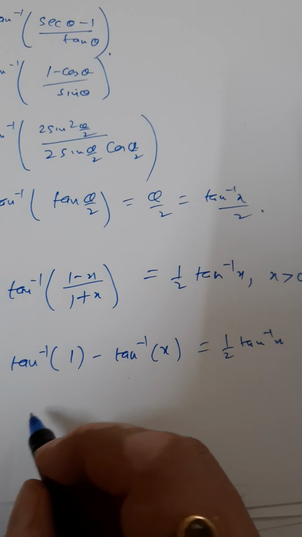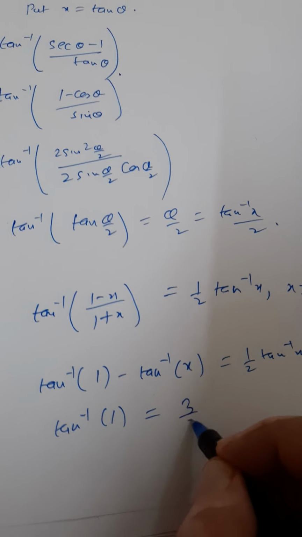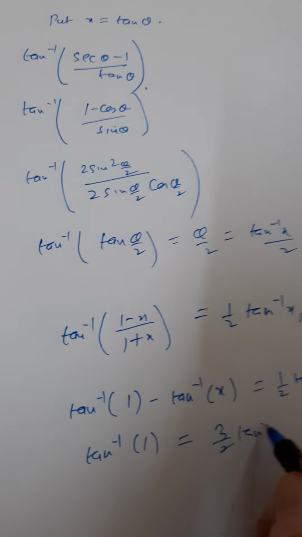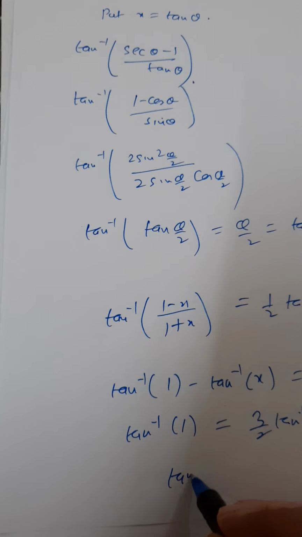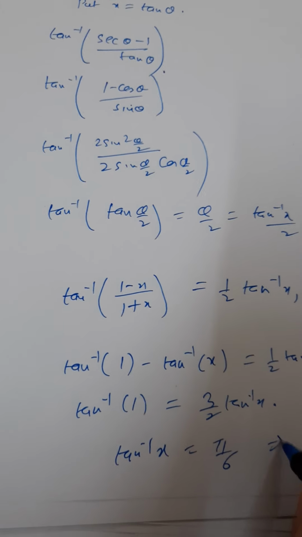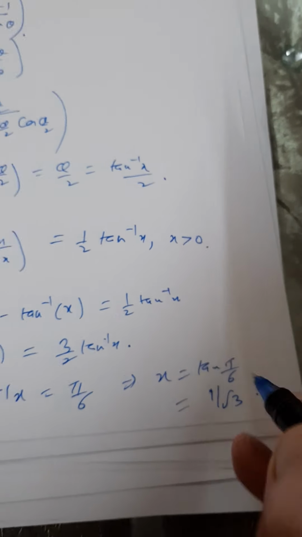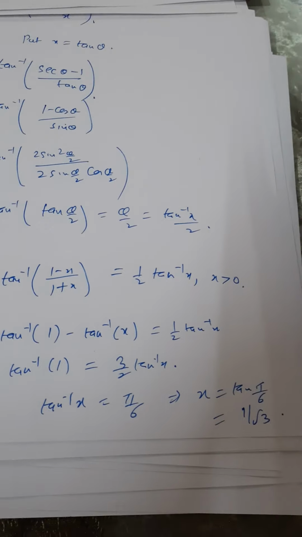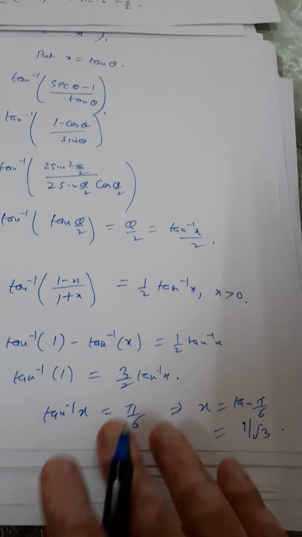So you have tan inverse of 1 is 3 by 2 tan inverse x. So you have tan inverse x is pi by 4 into 2 by 3, so it's pi by 6. So x is tan pi by 6, and this is 1 by root 3. So you have x is 1 by root 3. Hope it's clear.